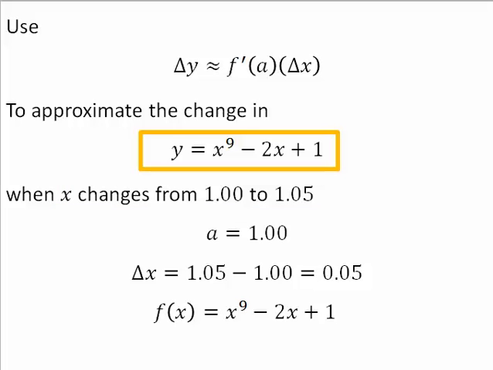Now our function is just given by x to the 9th minus 2x plus 1. Okay, what do we need to do? We need to find the derivative of the function. We need to find the derivative of the function evaluated at A. And we need to put all of this into our formula.